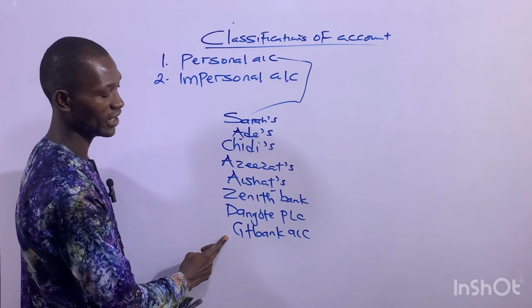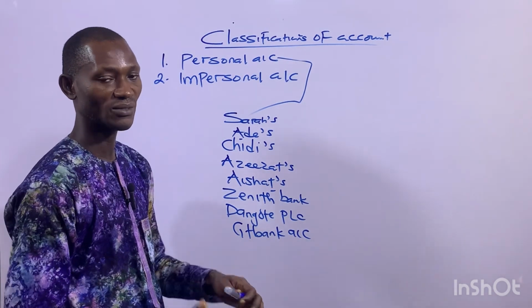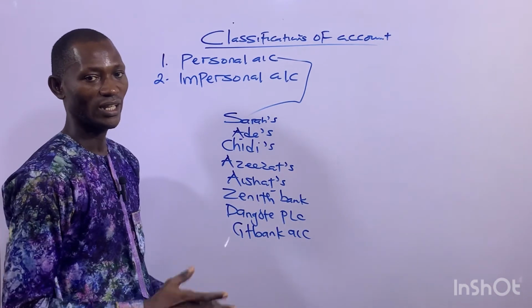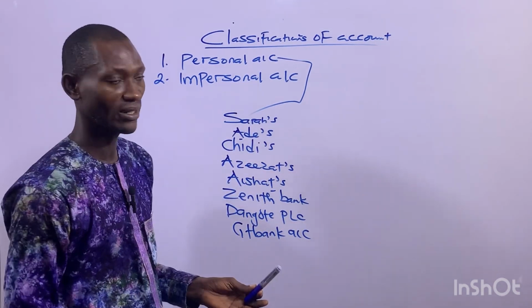Then Zenith Bank, Dangote and GT Bank are artificial persons, that's names of business organizations. So these are basically examples of personal accounts.